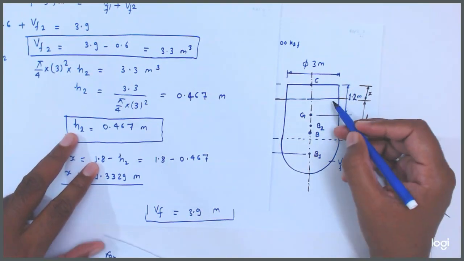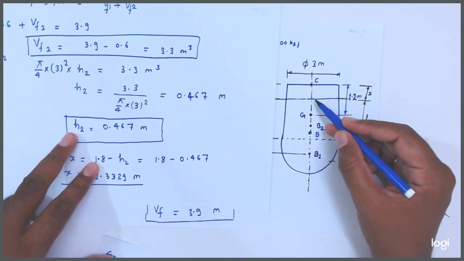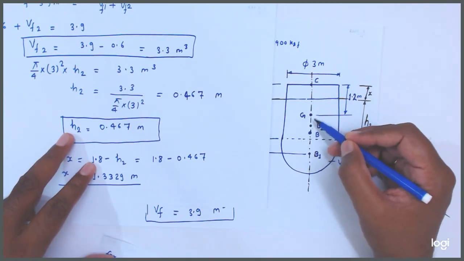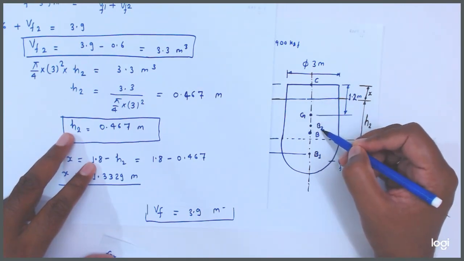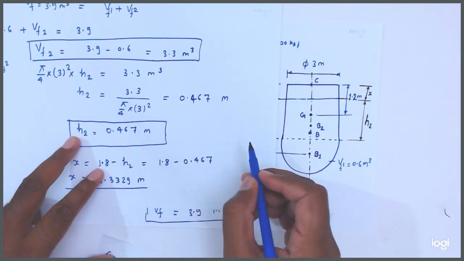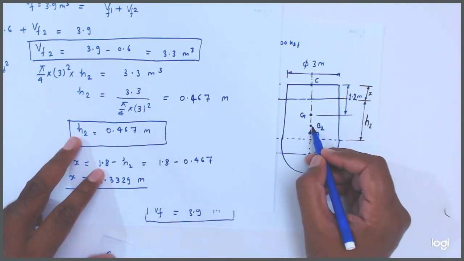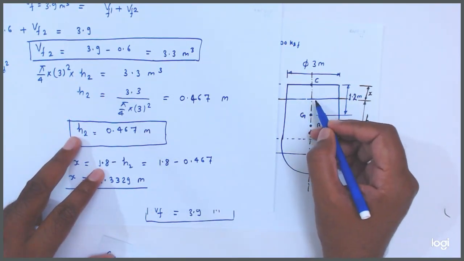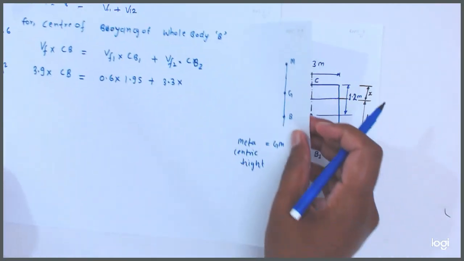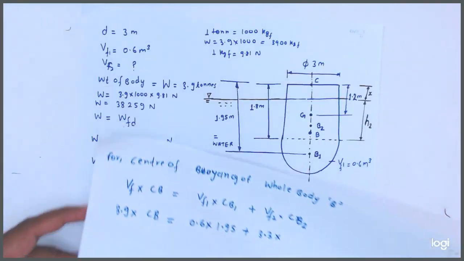Then we know that the center of buoyancy B2, its distance from the free surface, is H by 2. So this B2 value from the surface we can find here, the CB2.